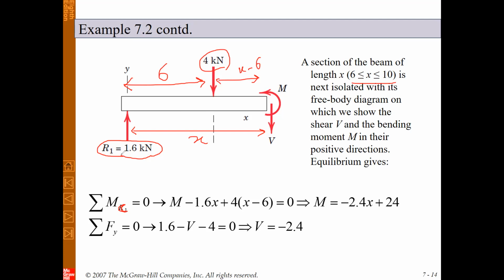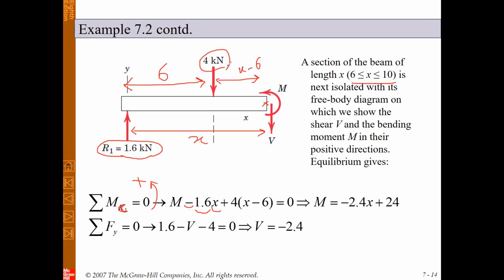We consider the counterclockwise direction positive, so the R sub 1 moment about this point is negative because it is in the clockwise direction. We will have one negative sign, multiplied by 1.6 multiplied by its arm, which is x.